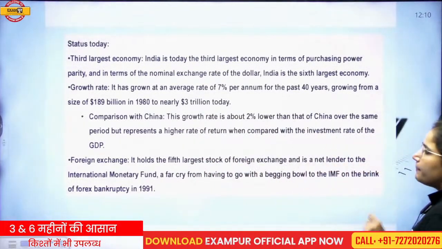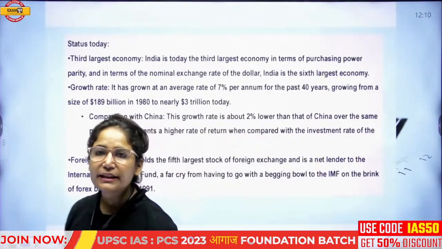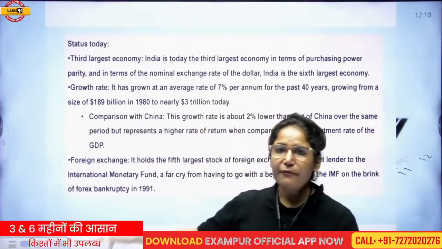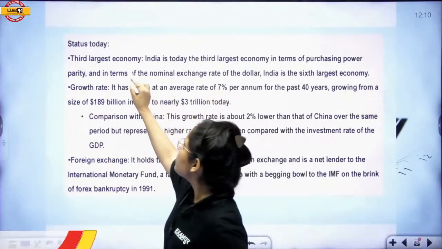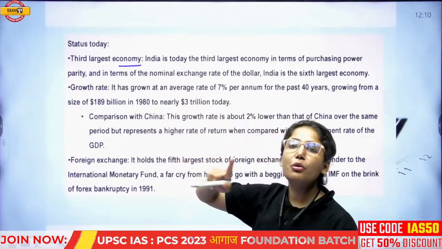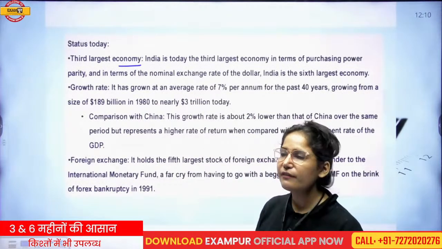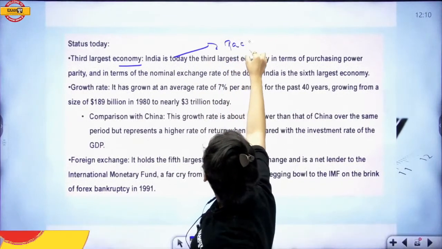Next point is all about status today. We were in the distressed position, I've told you, at the time of independence. Where we are right now, we are on third position economy in terms of growth. I am talking about third largest economy. We are talking about the pace.